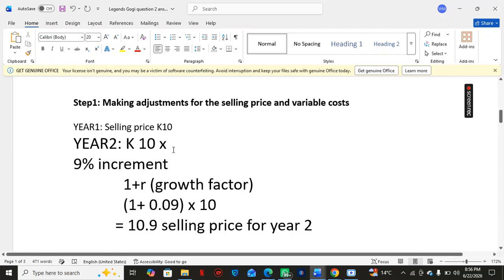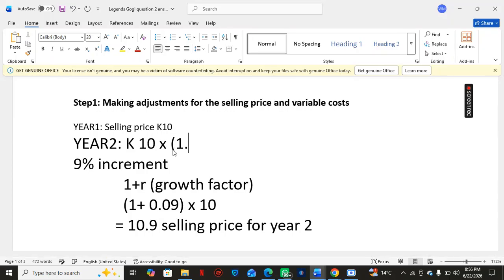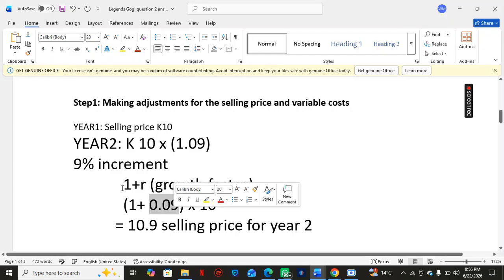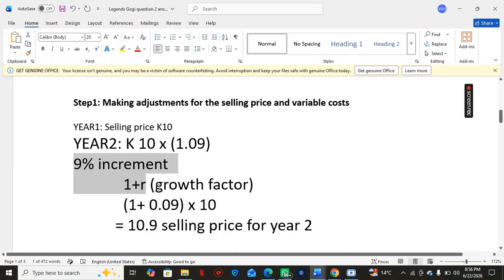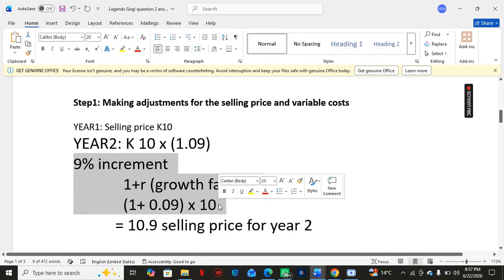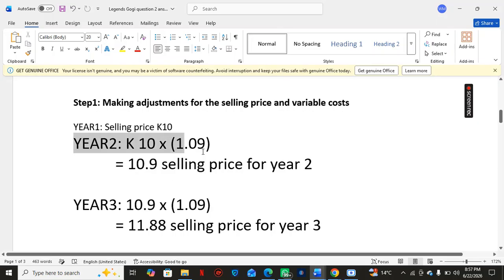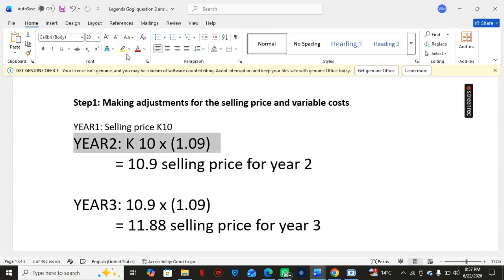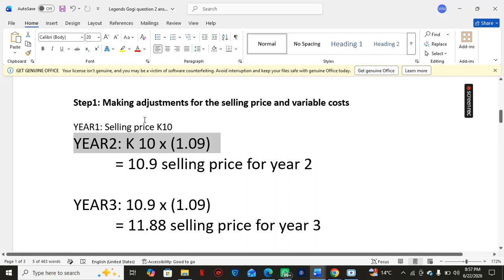I'm going to say 10 multiplied by 1.09. This 0.09 is just this 9%. So 10 multiplied by 1.09, that's going to be 10.9 kwacha.